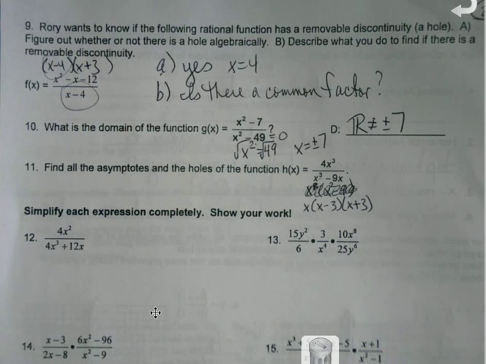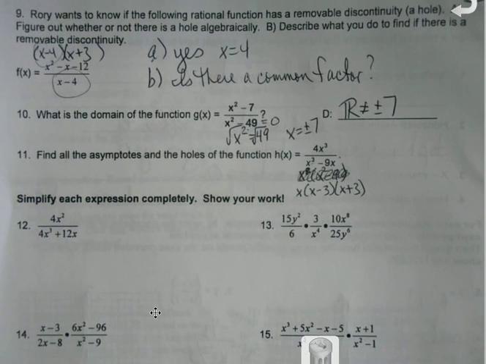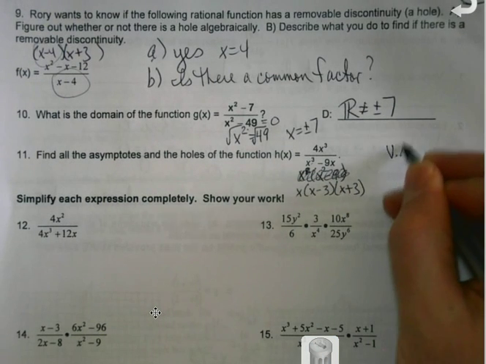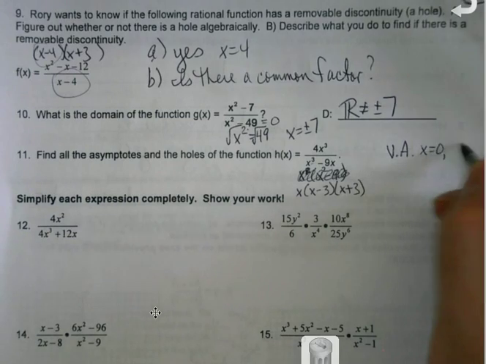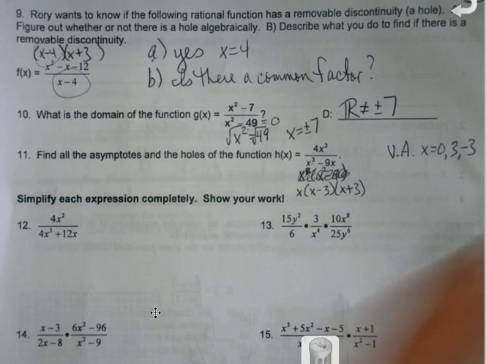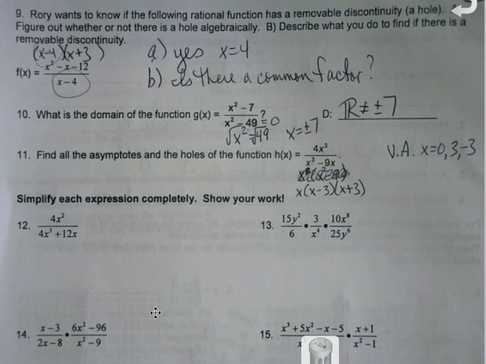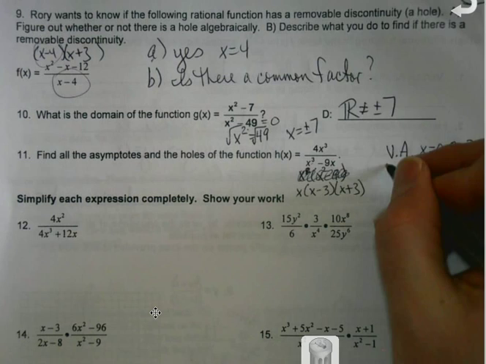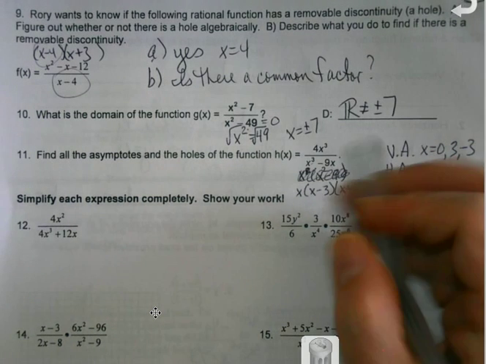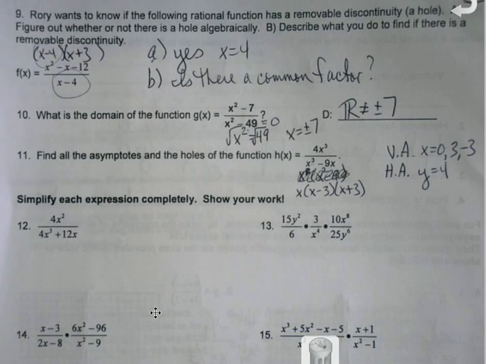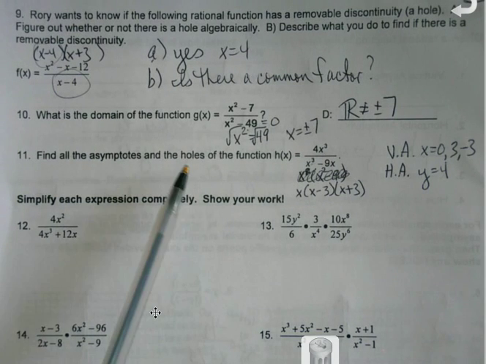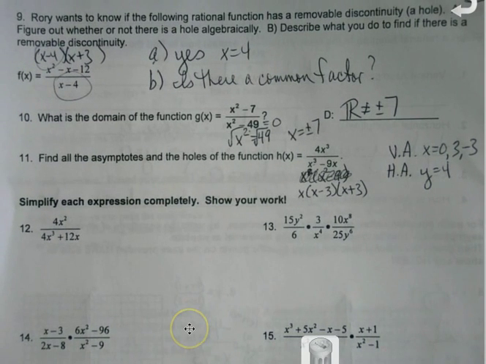Because again, if we played just by the rule book, we would think that we would have vertical asymptotes at 0, 3, and negative 3. And then I'd have a horizontal asymptote, since they're equal weight, at 4. But then they just have to go and remind me about the holes.